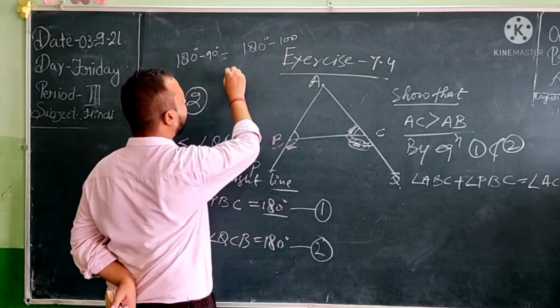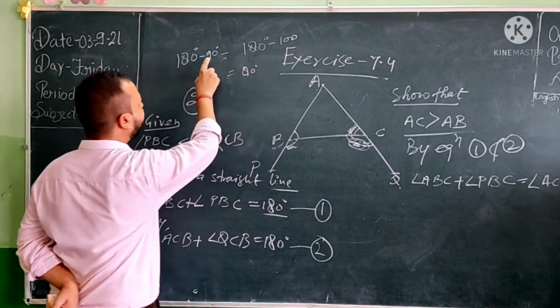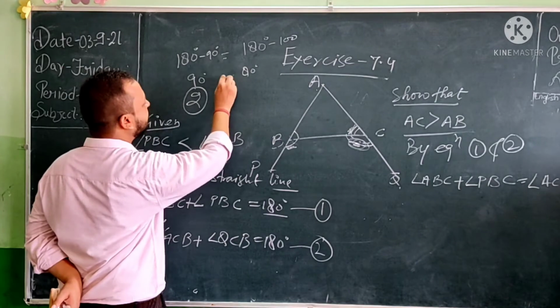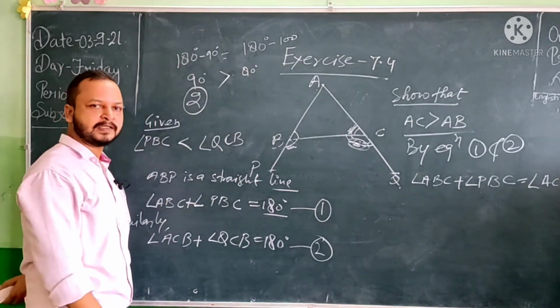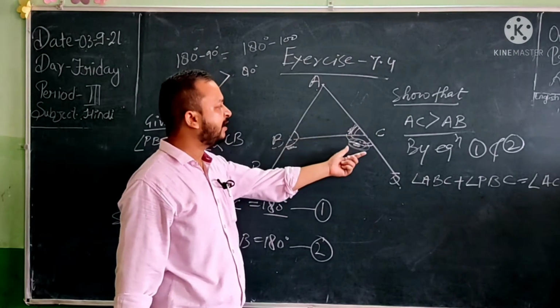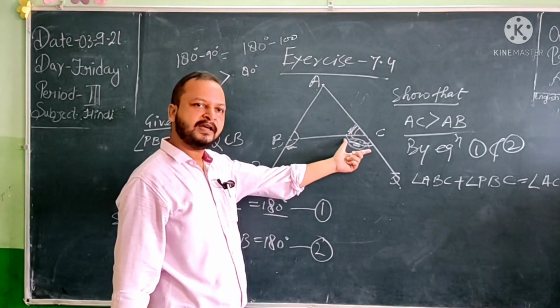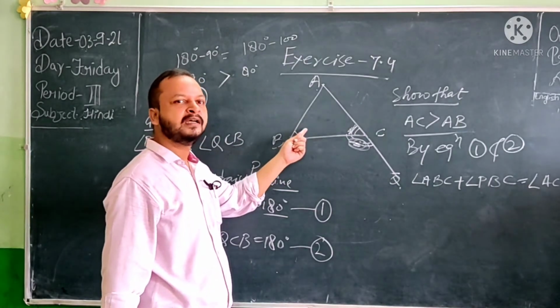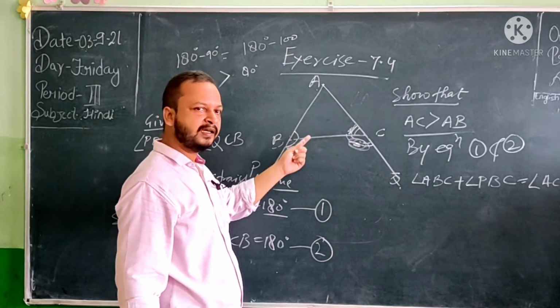So if we subtract it from 180, 100, what are we getting? 80. And if we subtract 90, what are we getting? 90. It means now this part is greater than this part, right? Because from an equal part we are subtracting a bigger one, we are getting smaller. And if we subtract the smaller part, we are getting bigger, right?